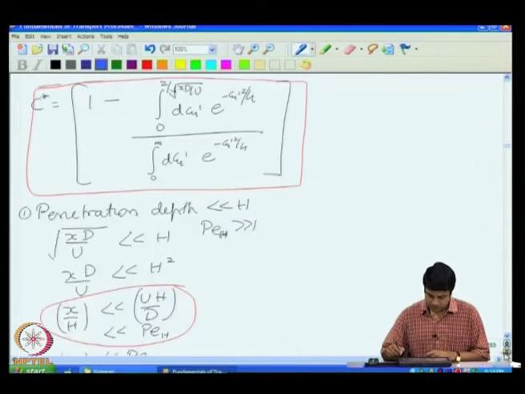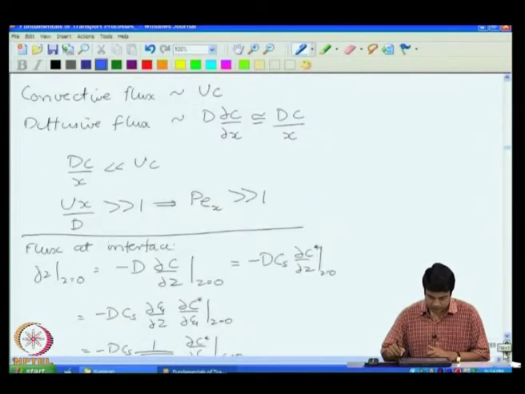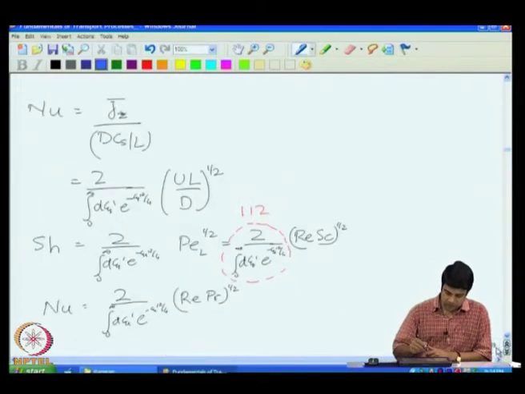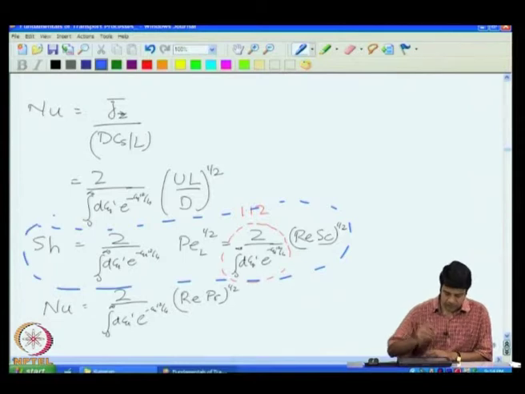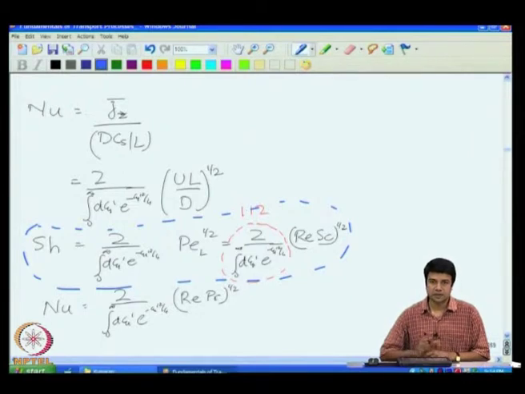We got a solution that went as e power minus psi square by 4. And from that we had got a correlation between the Nusselt number and the Peclet number. This was the correlation for the Sherwood number or the Nusselt number as a function of the Peclet number. It goes as Peclet number to the half power, in contrast to the 1/3 power that we had for flow past solid surfaces.